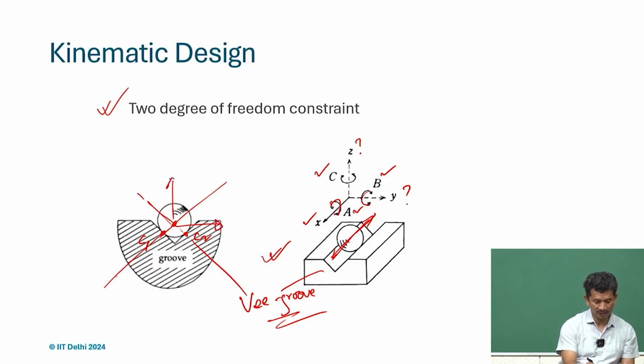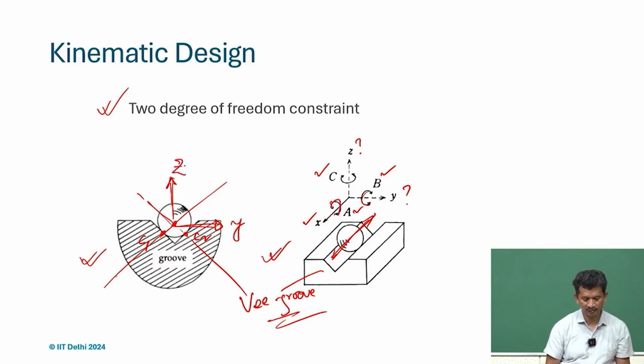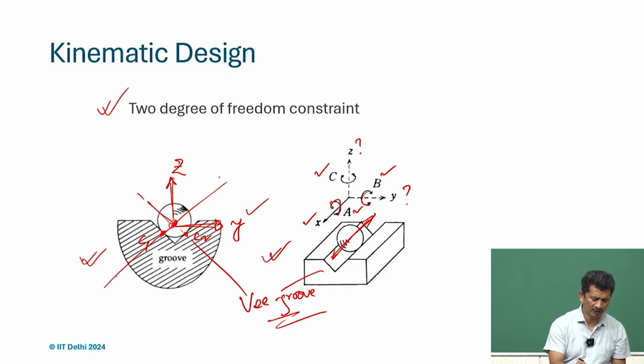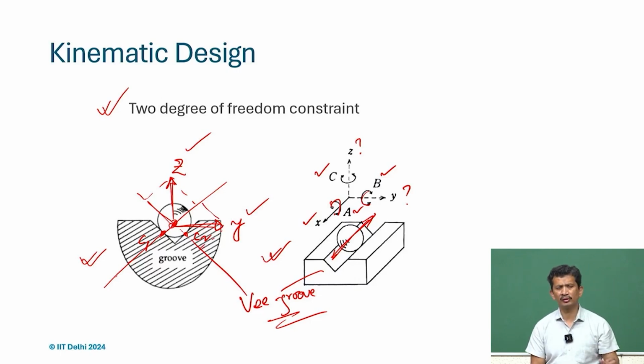So, any frame we define on that plane, we can define here y and z axis, and we can easily say that this point will not move along C1 and C2, so it cannot move along y and z as well, because we can resolve the component and we can see that those motions are not possible in both y and z directions.